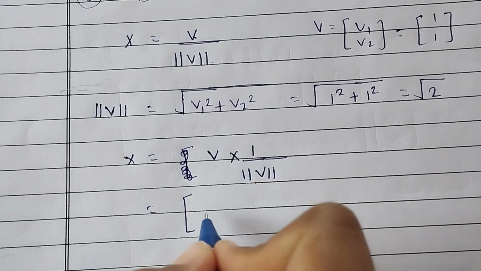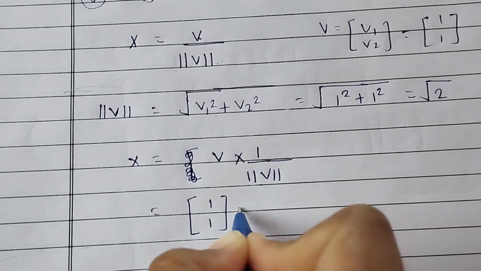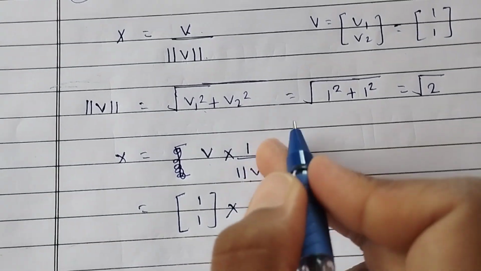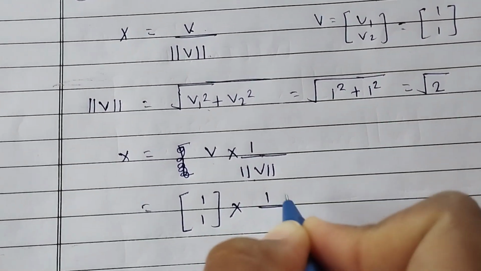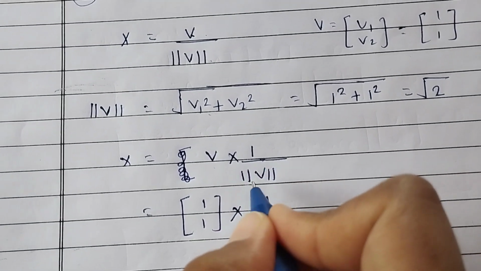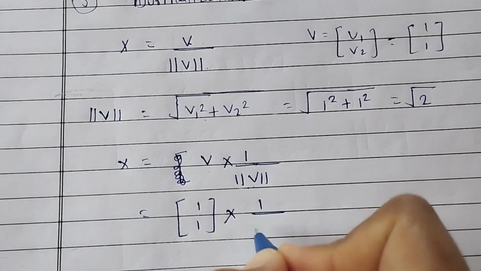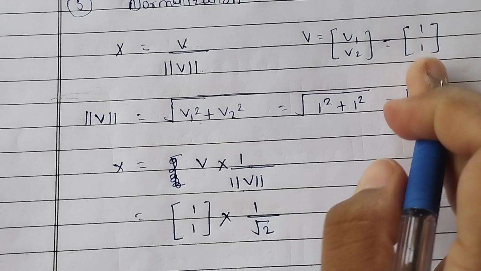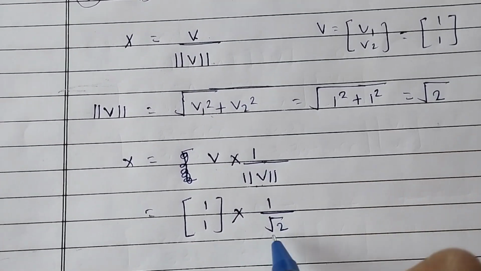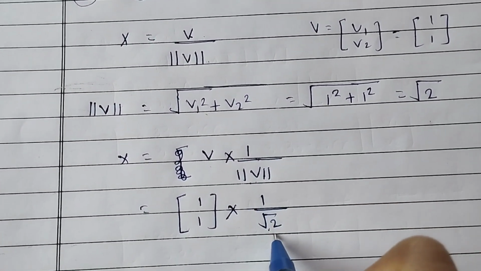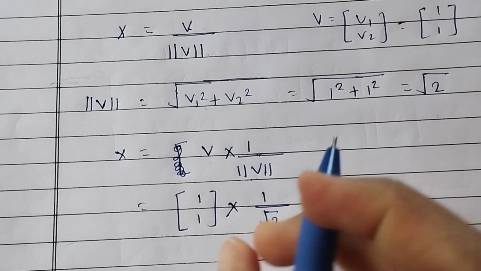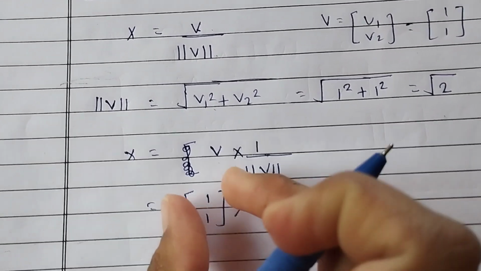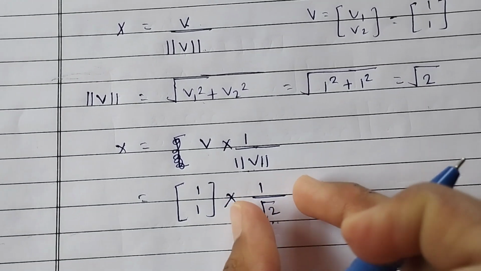So v is 1 1 into 1 divided by the absolute value of v, which is root 2, which we found here. So I put the value of absolute v. Now multiply the whole matrix with this term.